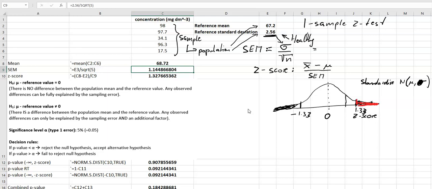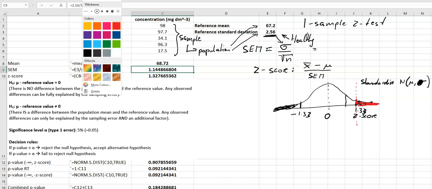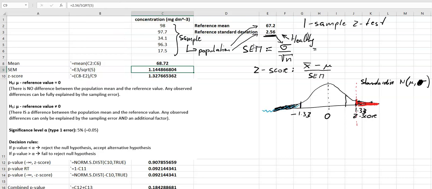So what we do is we calculate the probability to get a score from negative infinity, which includes all of it, to this point here. And luckily, we have an Excel function for this, which calculates the p-value from negative infinity to the point of the z-score.